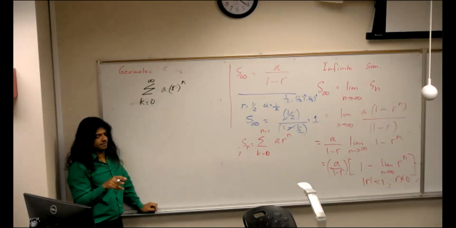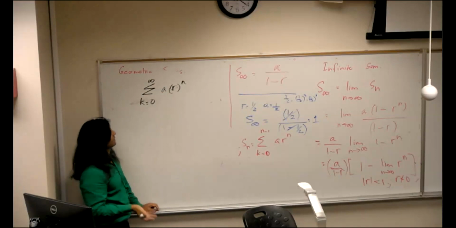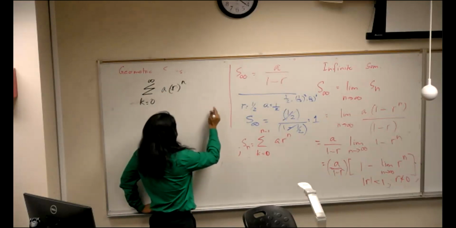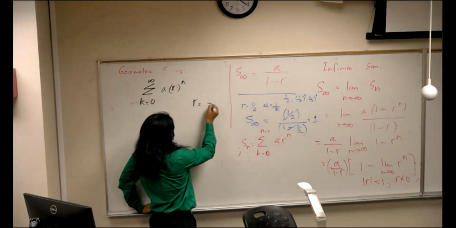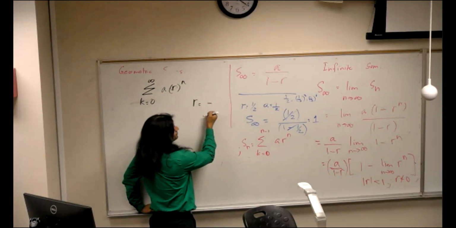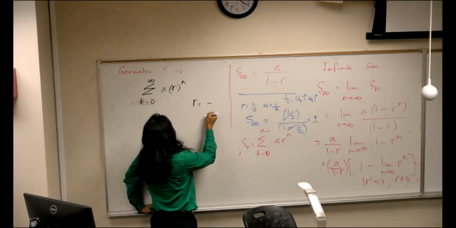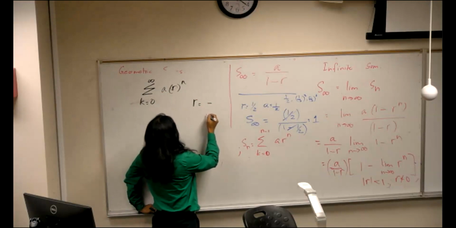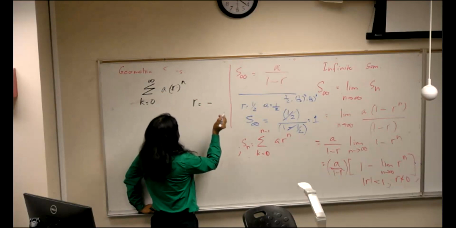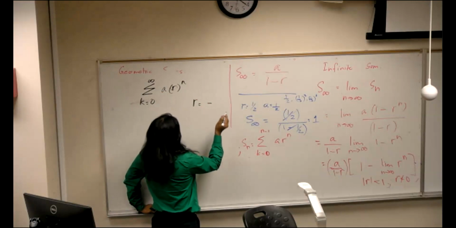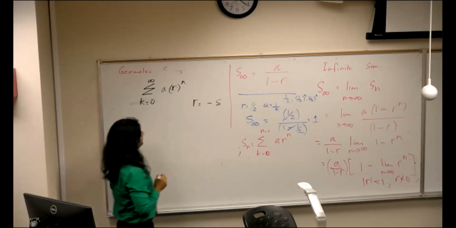If I know that r is a negative number, so let's say r is negative, I don't want to use A, B, C, D. How about S?